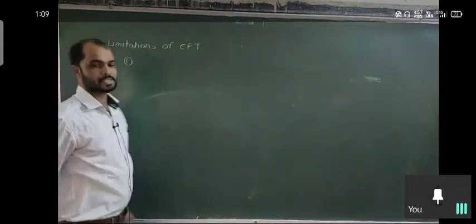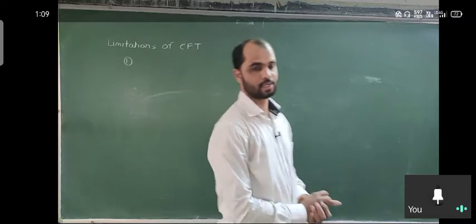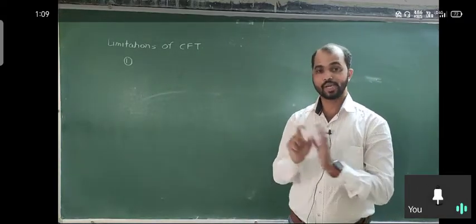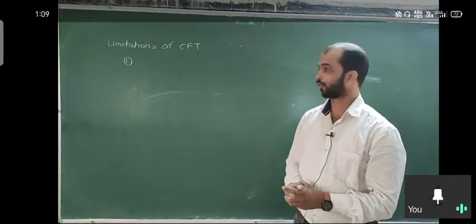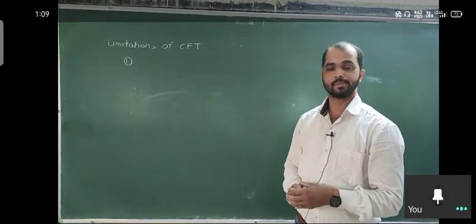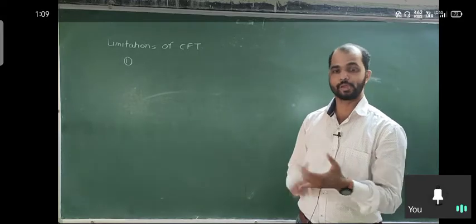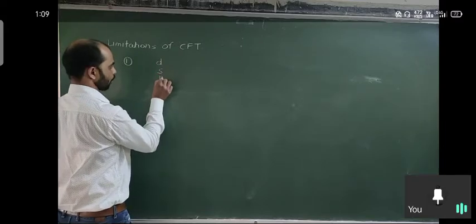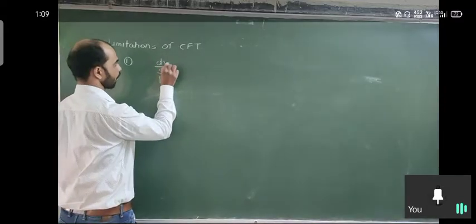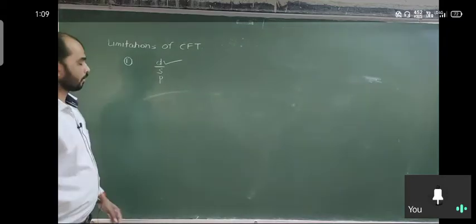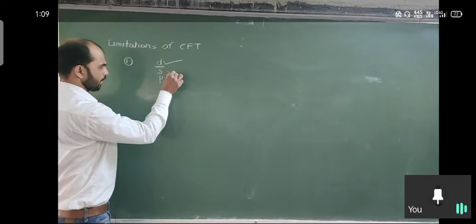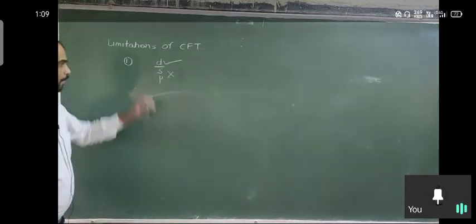The first limitation is that it takes into account only the d orbitals. There is no consideration of s and p orbitals, because the metal has d, s and p orbitals, but the theory accounts only for the d orbitals.